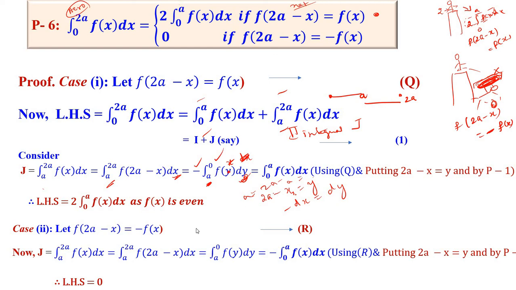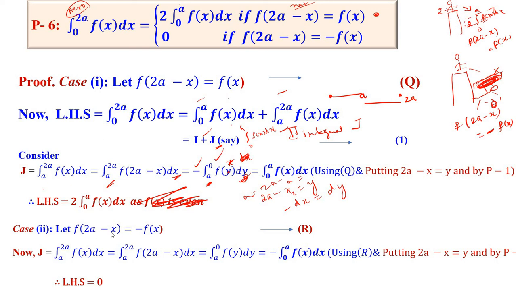So twice integral 0 to a f of x dx, because we have evaluated only this, and it came out to be integral 0 to a f of x dx. And already, remember, I is there with the same value, so twice that you get.